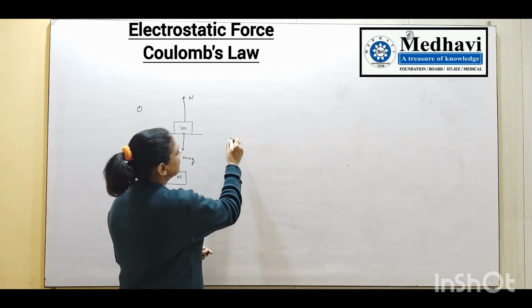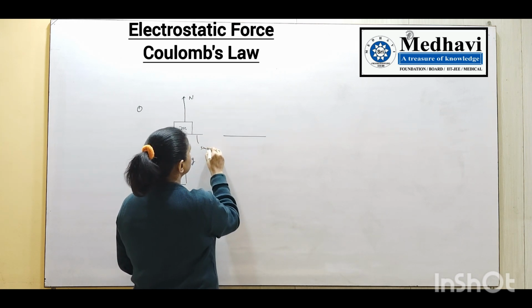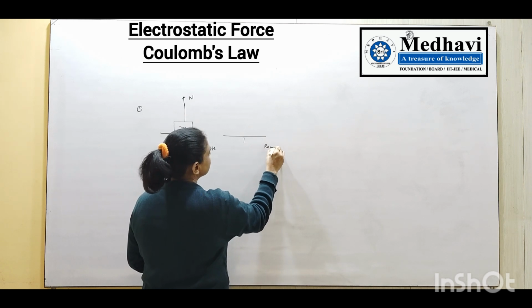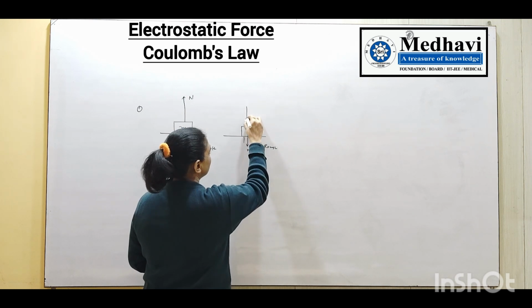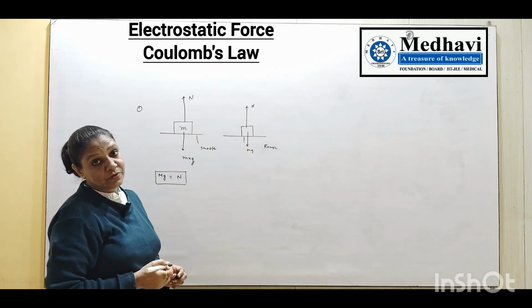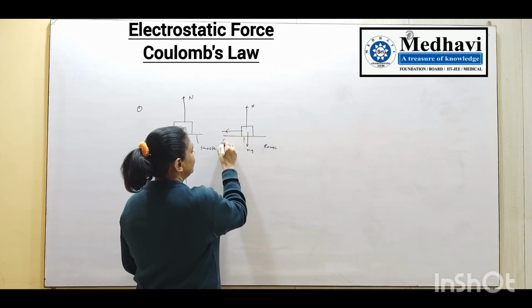This is a smooth surface. When a body is kept on a rough surface, then apart from force of gravity and normal force, another force will be produced, and that force is called friction.